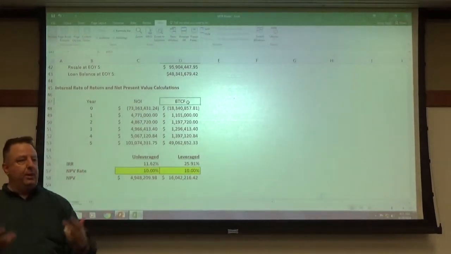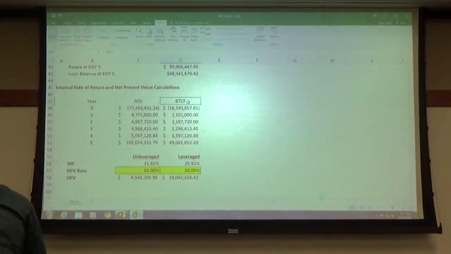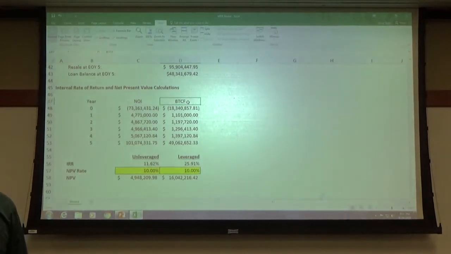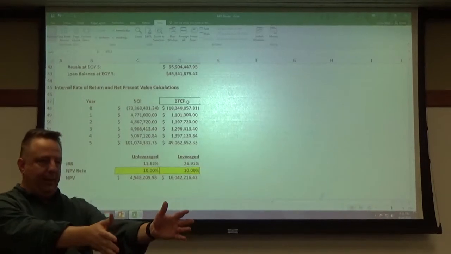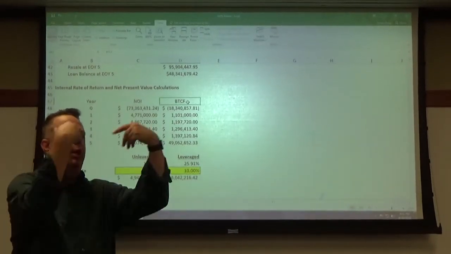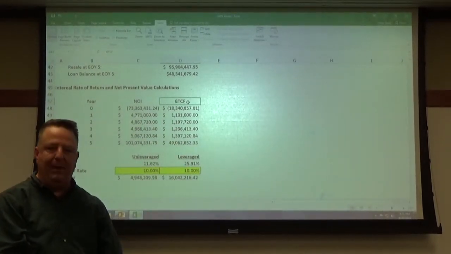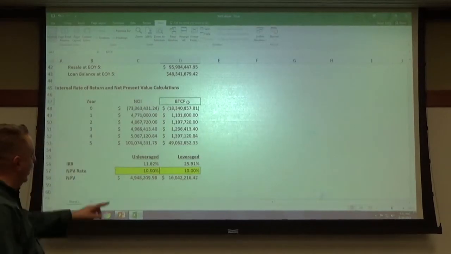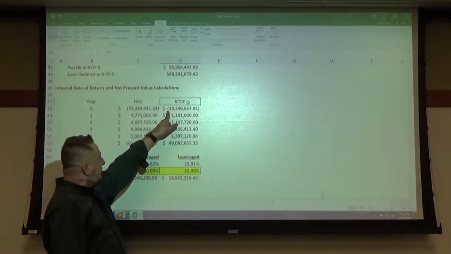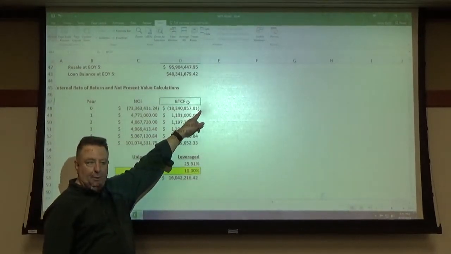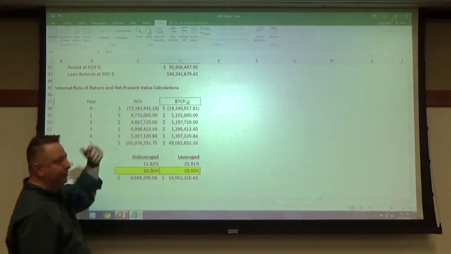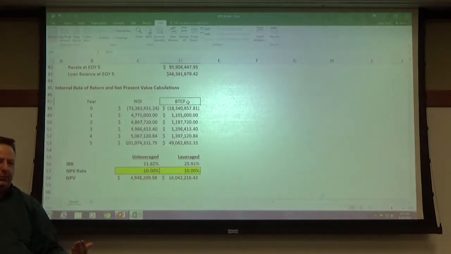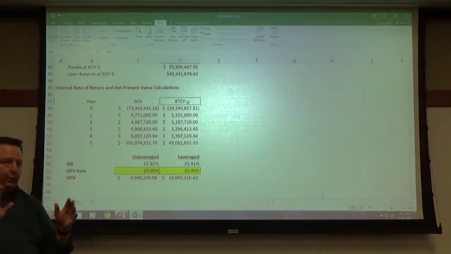We don't care how much bank money you put into this. What matters is how much of your money you put in, because we're calculating the return on your money, not on the bank's money. So that's the equity that you put in, and these dollar amounts represent the before tax cash flows for each year. Nothing new there.